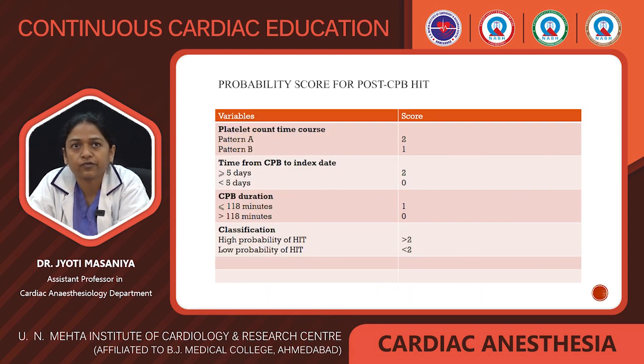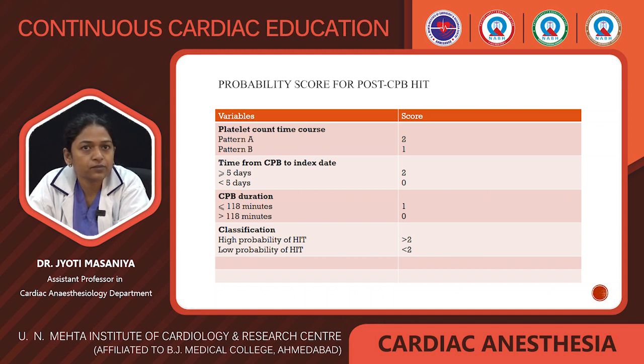On the basis of this finding, they made the probability score where they use variables like platelet count time. If there is pattern A thrombocytopenia, they give 2 points, and if there is pattern B thrombocytopenia, 1 point. They also include the time from CPB to index date. Index date means the first day of suspicion of HIT.